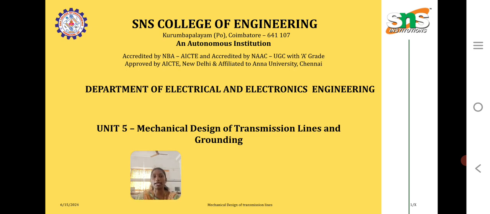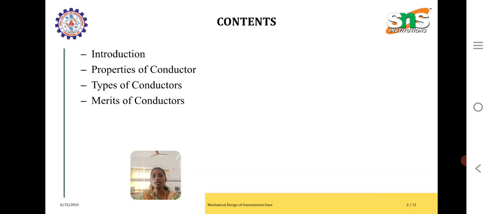In this mechanical design, what are all the things that we have to consider? In this particular video, we are going to discuss the introduction, properties of conductors, types of conductors, and merits of conductors.